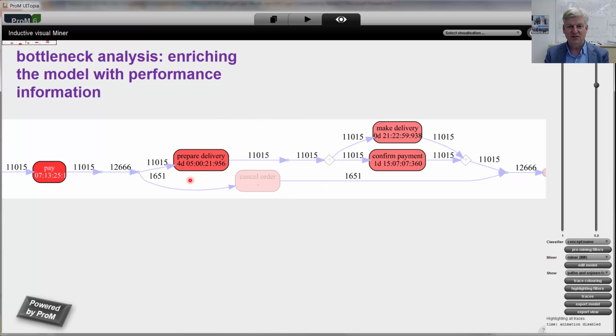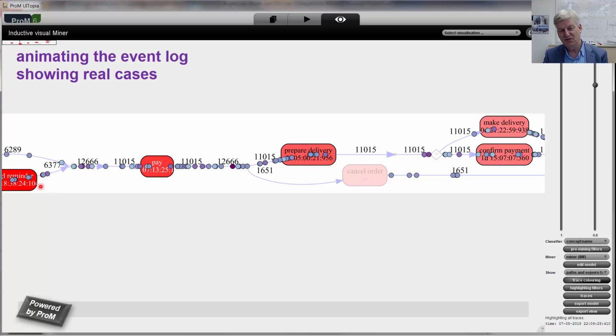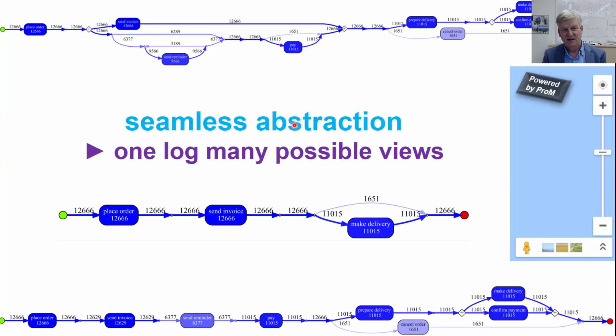So we can visualize such information, and activities become more red if the delays are bigger in front of that activity. We can also animate the event log, and then we have these colored tokens, and we can influence the color of the token. So the color of the token can be based, for example, on the value of the corresponding order, or the type of customer, or whatever feature we are interested in.